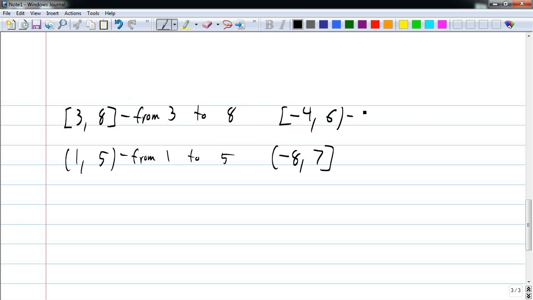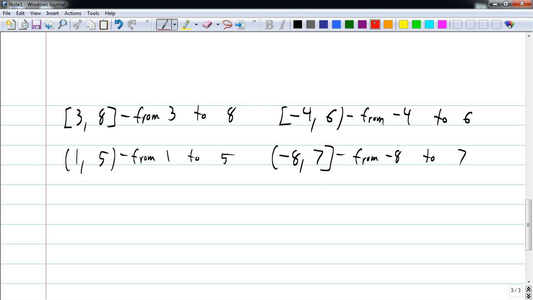This consists of every number from -4 to 6. What do you think this interval consists of? Every number from -8 to 7. So, every interval consists of two numbers separated with a comma.